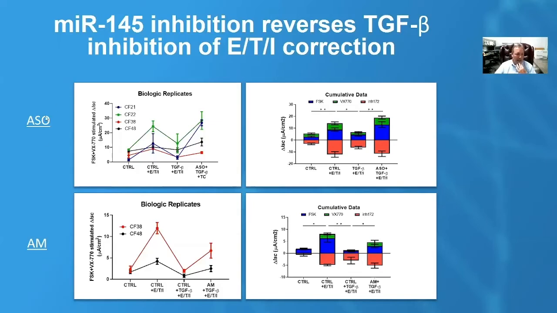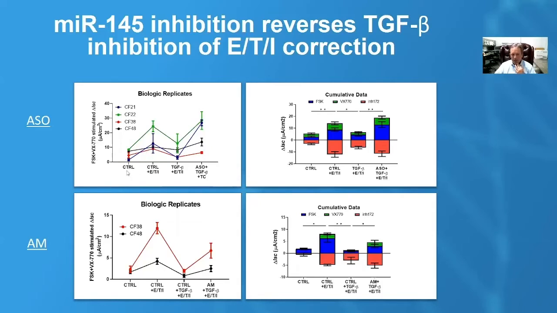In this slide, the top panel will be ASO, antisense oligonucleotide, so again, that's where we're masking the miR-145 binding site. The bottom panel is the antagonist, where it's directly interacting with miR-145. Then these are functional readouts. This is forskolin, which activates the CFTR channel, and ivacaftor.